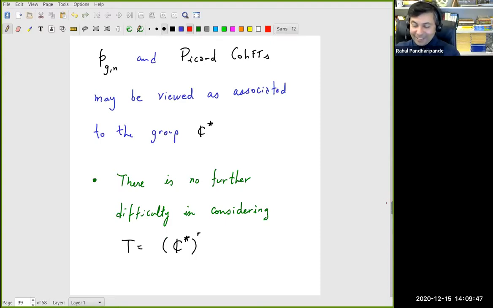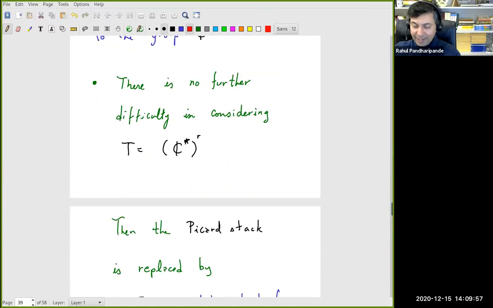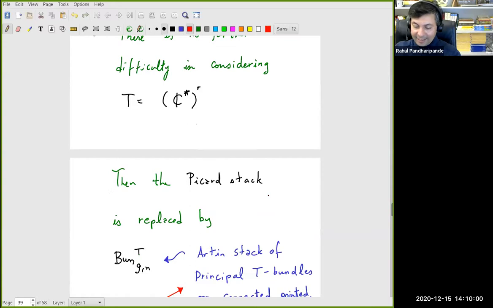So let's go with some more modesty and steps that I'm more confident in. There's no difficulty in considering a torus, which is a product of R copies of C star. The geometry there, of course, is the Picard stack. It's not a stack with one line bundle, but a curve with R line bundles. There's no issue there. Everything I said changes without any originality.